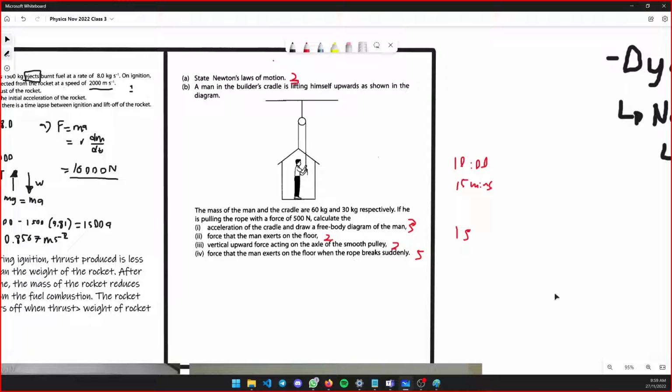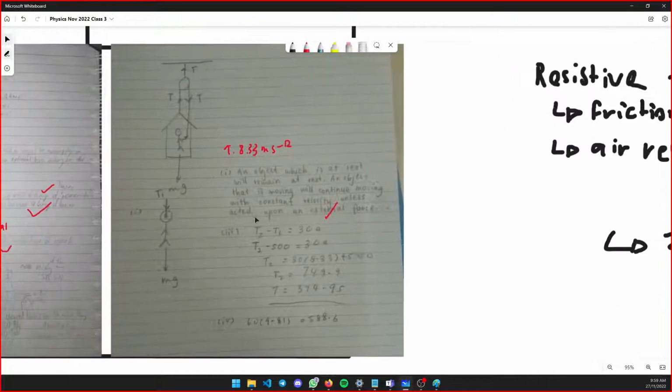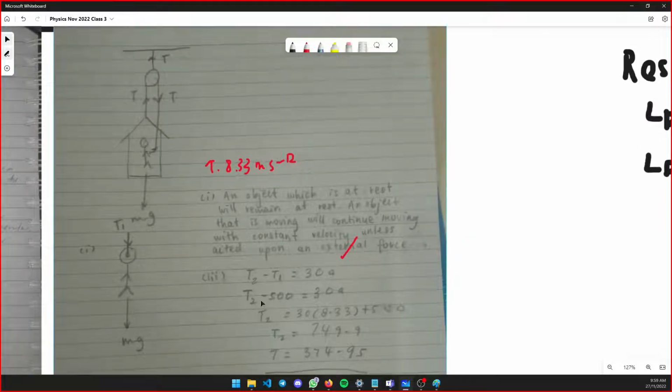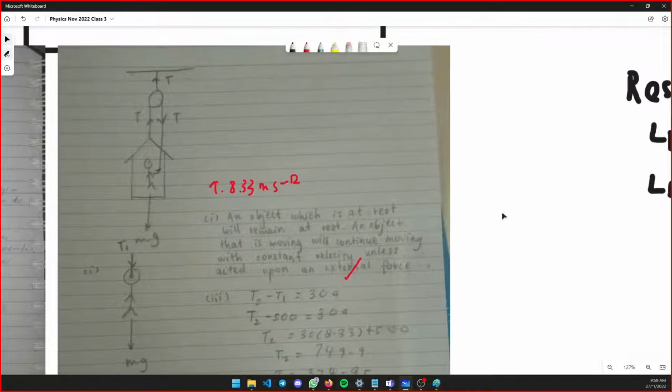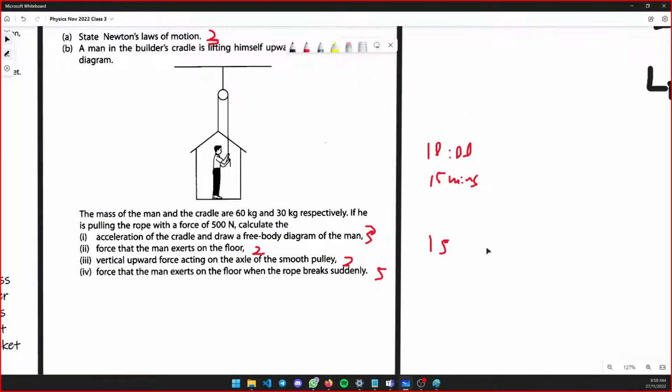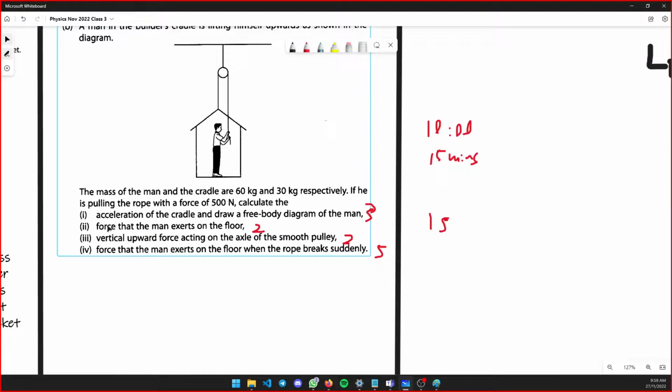You've been learning it since Form 4, Form 5, so it should come off easily. So I can only give you 1 mark. This is supposed to be 3 marks, but I only get 1 mark because I only mentioned one.